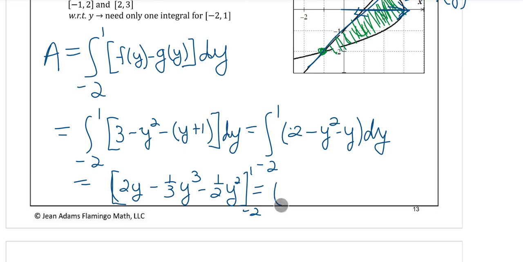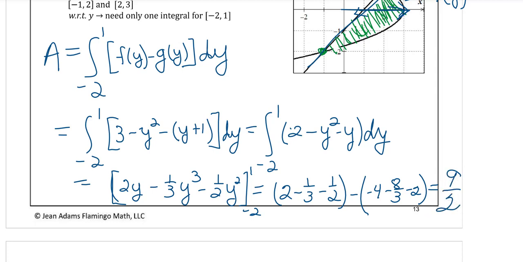So substituting, we're going to get 2 minus 1/3 minus 1/2, and then minus, we're going to get negative 4 minus 8/3 minus 2. And simplifying all this, we get 9 over 2, if you put that all together.